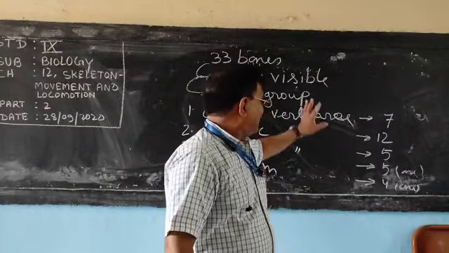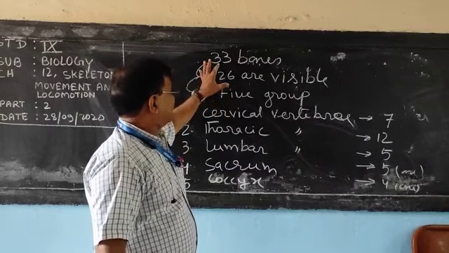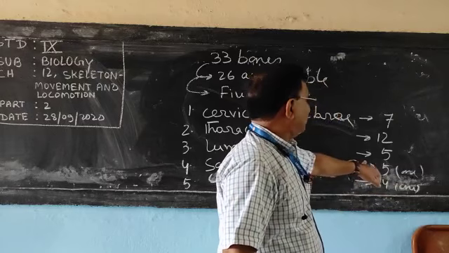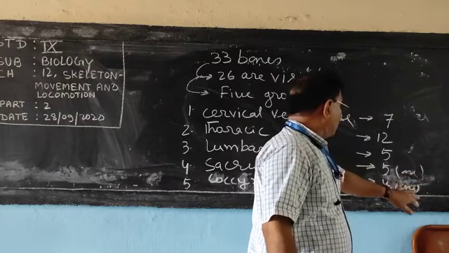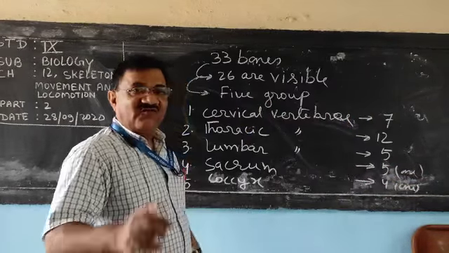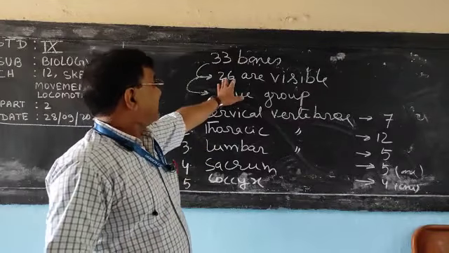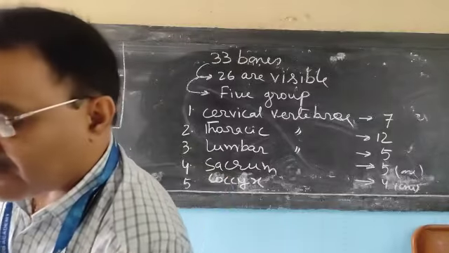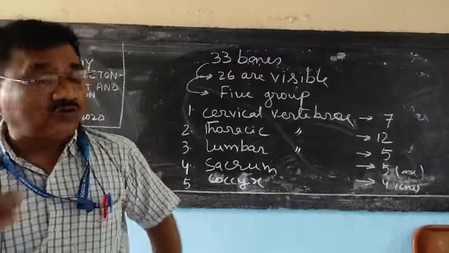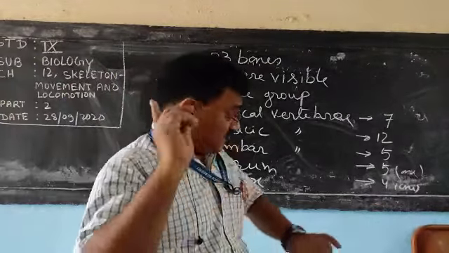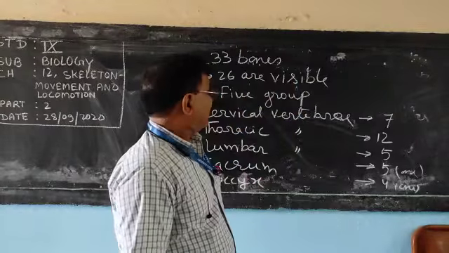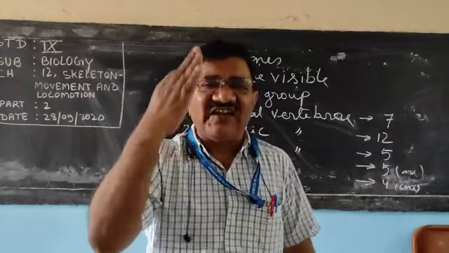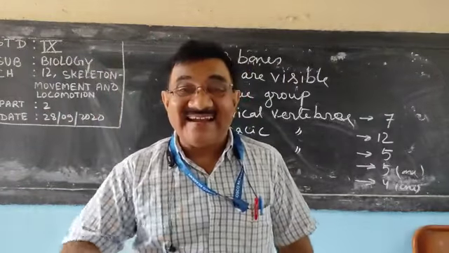So dear children, we have understood about the 33 bones, and the 5 bones of the sacrum fuse to form 1 bone, and the 4 bones of the coccyx fuse to form 1 bone. 26 are visible, and there are 33 bones. That part is very clear. Now, a give reason question, one very important thing. The bones of our backbone are not straight, they are curved.